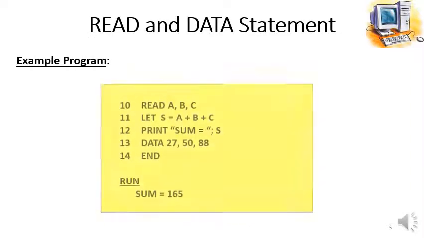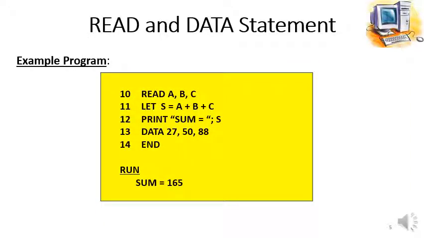Here we have a program example, where we have a read statement in which three variables are written: A, B and C. Then we are declaring another variable S and assigning the value which is the sum of A, B and C. Then we are printing the value of S, which is the sum of these three values, and just before the end statement we are writing the data statement which has three values: 27, 50 and 88.